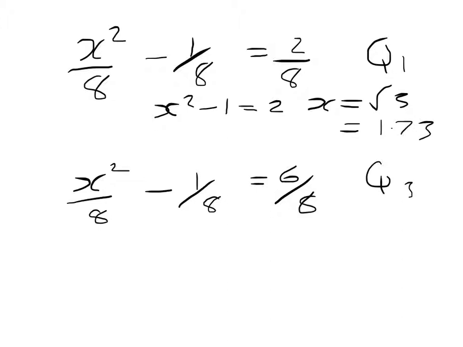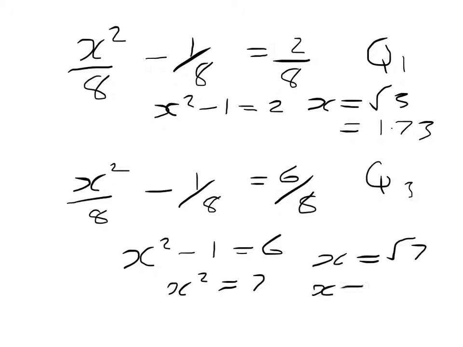And then for the upper quartile, we'll have x squared minus 1 equals 6, so x squared will equal 7, x will equal root 7, and so x equals 2.65 to 2 decimal places. So there is your lower and upper quartile for this question.